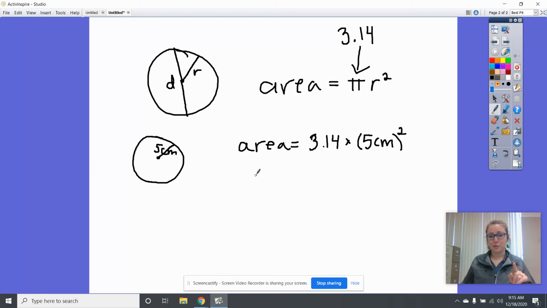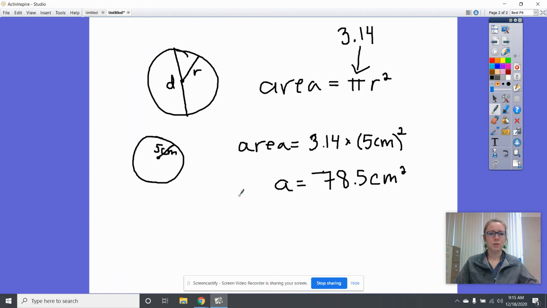So I'm going to use a calculator for that because I do not know all of that off the top of my head. 3.14 times 5 squared is, area equals 78.5. And we did centimeters times centimeters. When we did 5 times 5 for 5 squared, we also did centimeters times centimeters. So the units are centimeters squared. So that's the area of this circle.